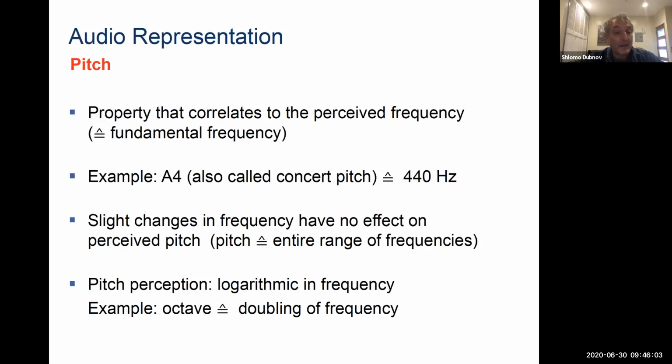This is just terminology for those who are not familiar with musical theory or the basic acoustics of music. Why is doubling of frequency called an octave? Octave is 8. This is just because on the keyboard, if you go 8 notes on the white keys, starting in C3, you'll end up in C4.